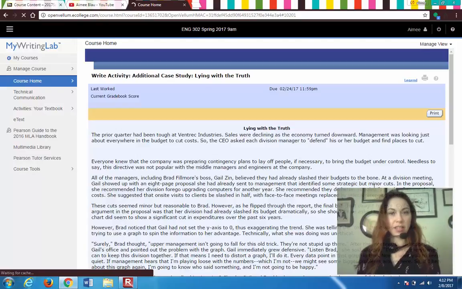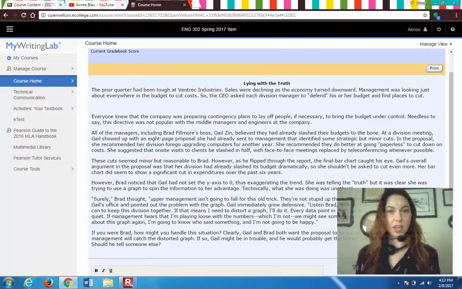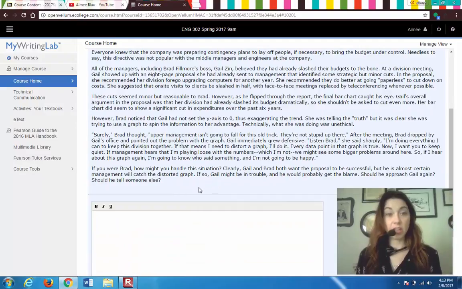Again, someone put together a document and they did not use visuals correctly. In this situation, someone else used visuals and they kind of exaggerated the data, and that's not good. So the person basically says, if I hear you talk about this graph again, I'm going to know that you brought up the issue and I'm going to be very upset with you.